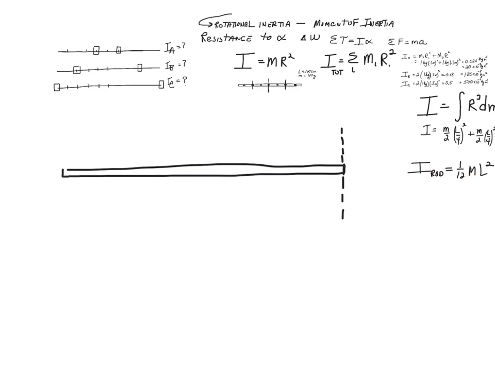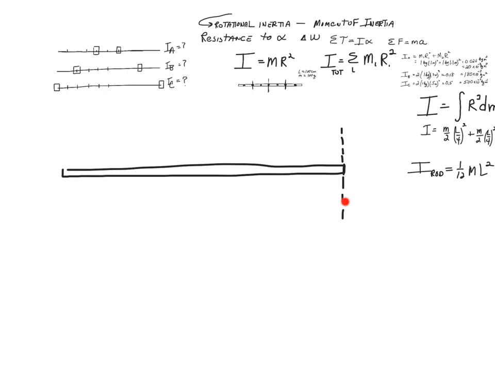But that's done with the axis through the center. So supposing we take this stick, this rod, and rather than putting our hand at the center and twisting it back and forth, supposing we grab it at the end and we twist it this way with the axis through the end. Think about it. It's going to have more inertia. It's going to be more difficult to twist.